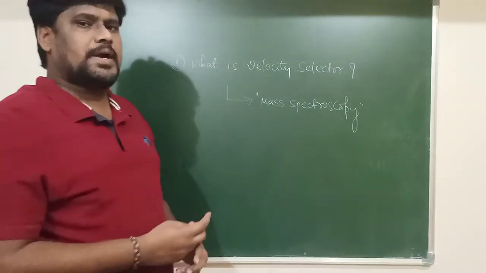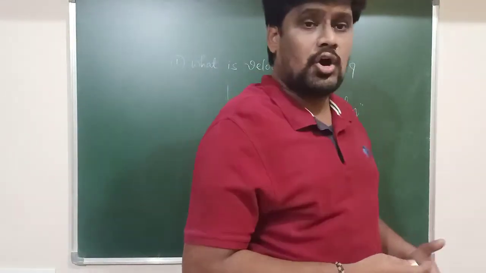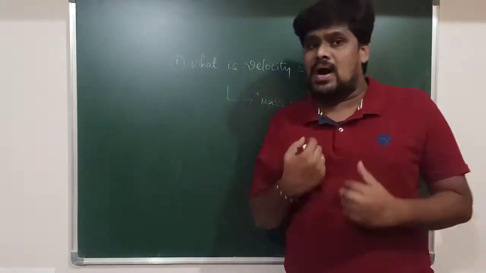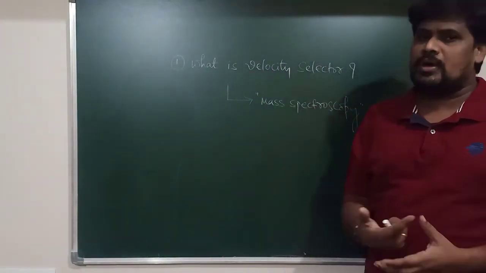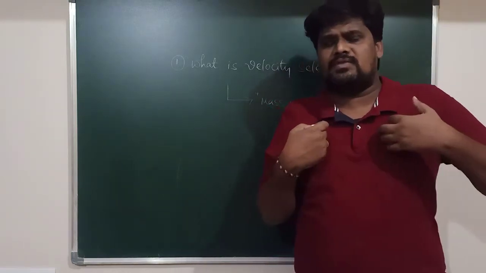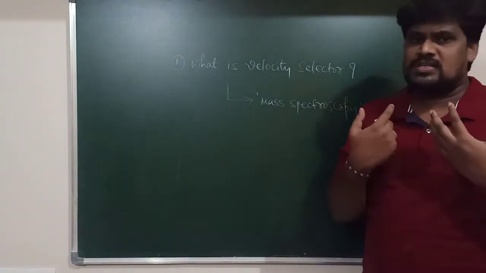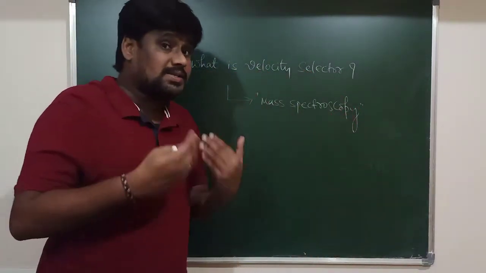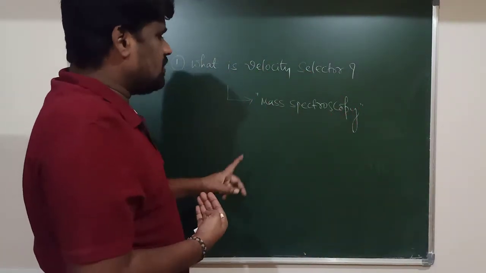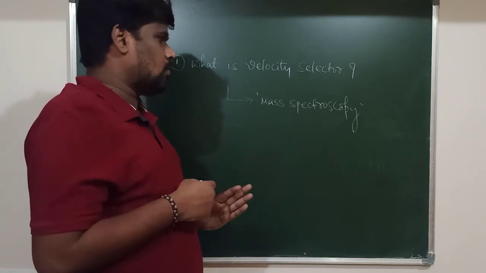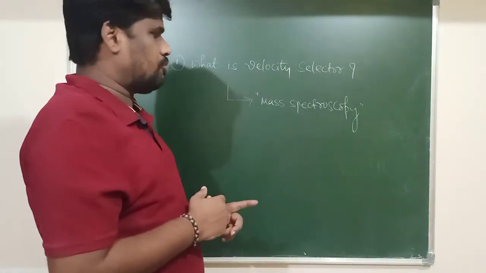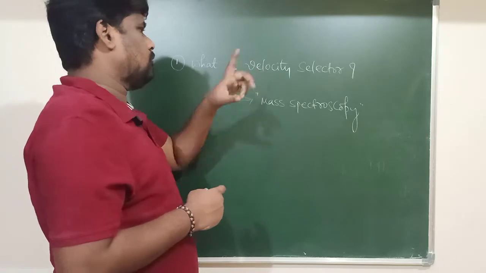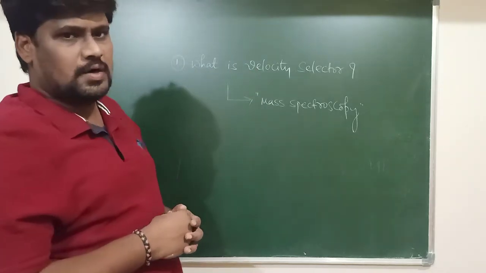Mass spectroscopy is a technique of determining the mass of subatomic particles, or the mass of the nucleus. The mass of the nucleus, subatomic particles or atoms can be estimated with the help of the technique called mass spectroscopy. In this mass spectroscopy we make use of the device called velocity selector.